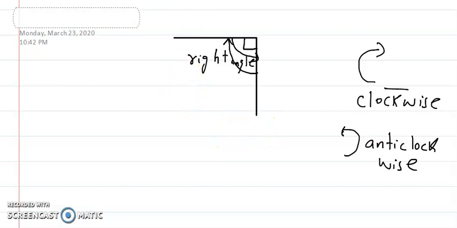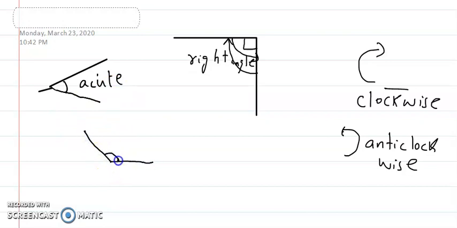Now, if I draw two lines, let me say I have this angle. This gap is clearly less than 90 degree, so I will say it is an acute angle. But if I draw one line here and the other line here, this is more than 90 degrees, so I will say it is an obtuse angle.